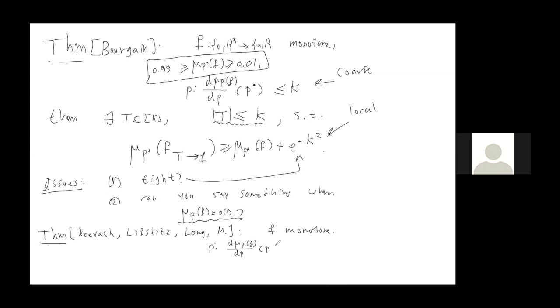And the way you do that is you multiply the right-hand side by the variance of F. Then in this case, again, you can show that there exists a small t such that when you fix this t to be 1, then you increase the measure significantly.